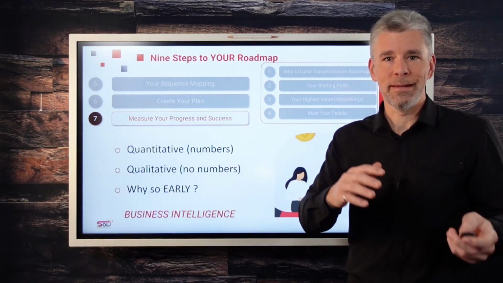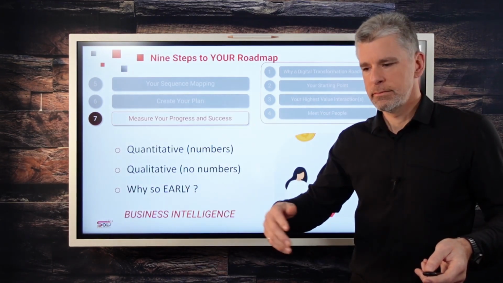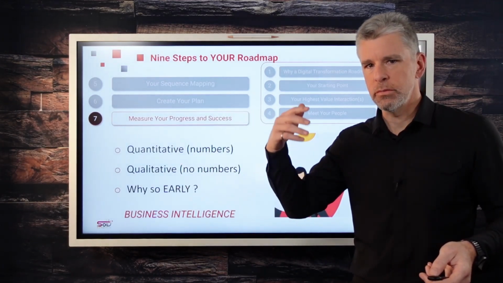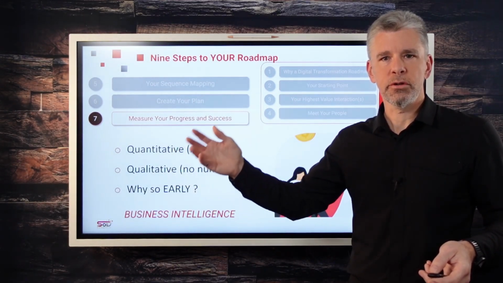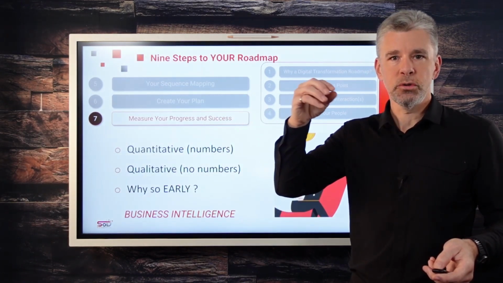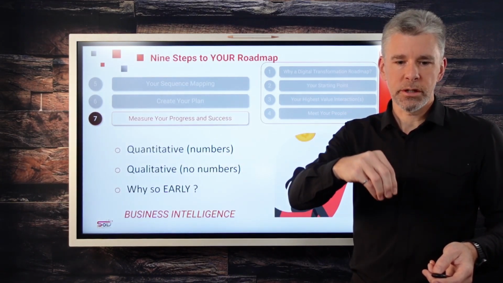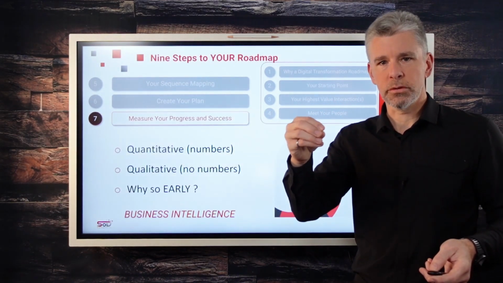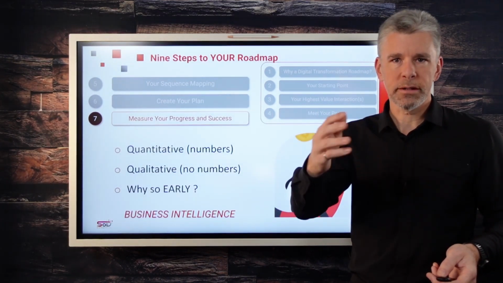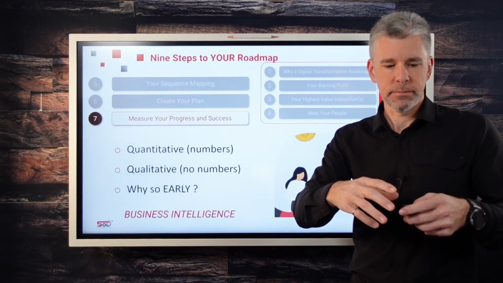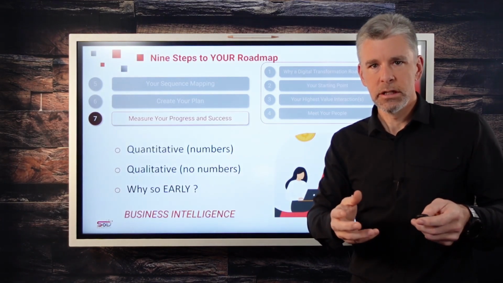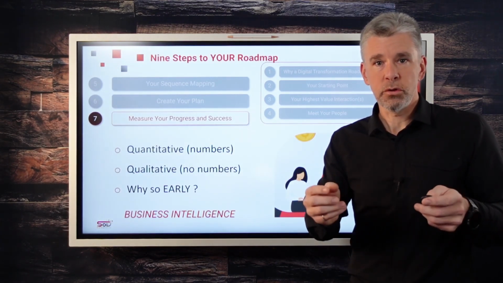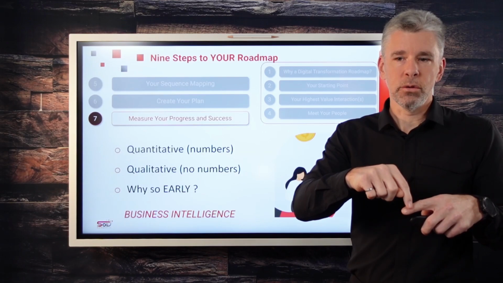So you need to know it now, and you can add more numbers, more ways of evaluating your progress and success. But you need to find the main critical numbers, or quantitative or qualitative comments and elements, to know what's happening. You need to know that now in order to plan it.